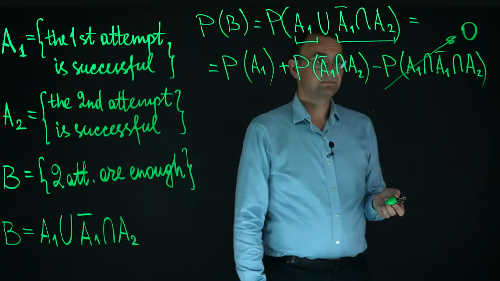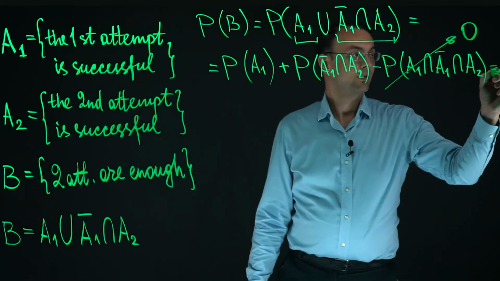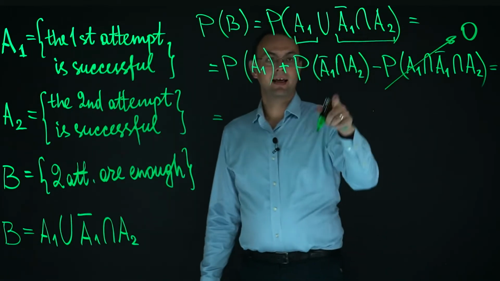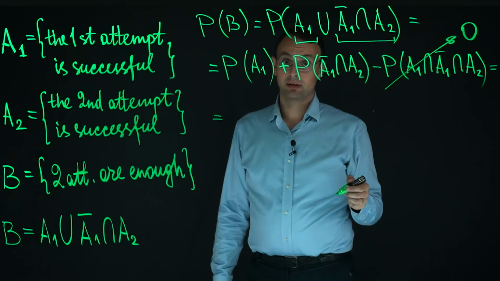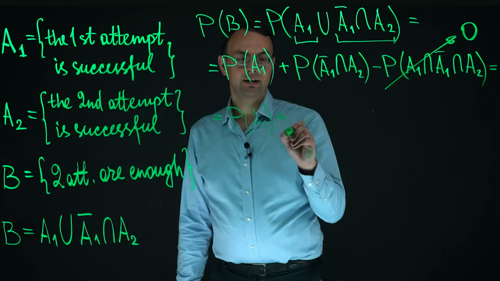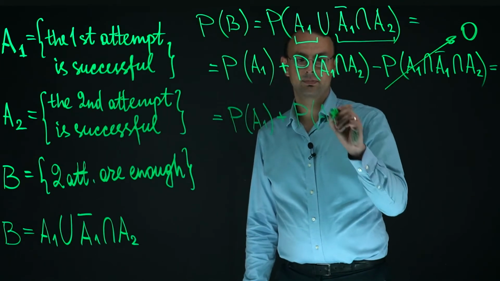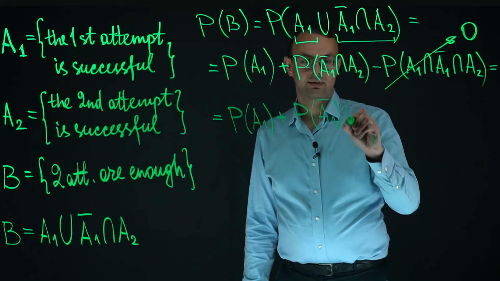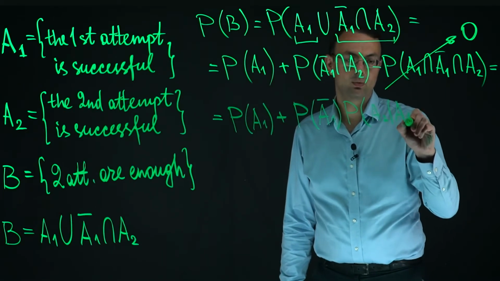So and here I can apply the multiplication rule. So here I have P of A1 plus, and according to the multiplication rule, this is P of not A1 times P of A2 given not A1.